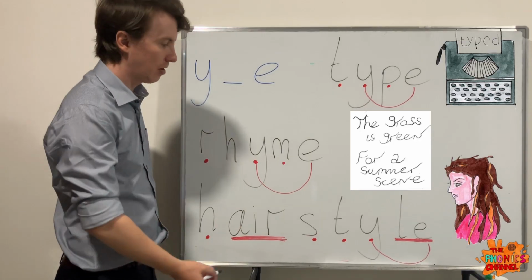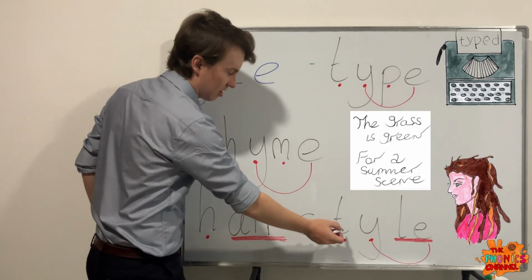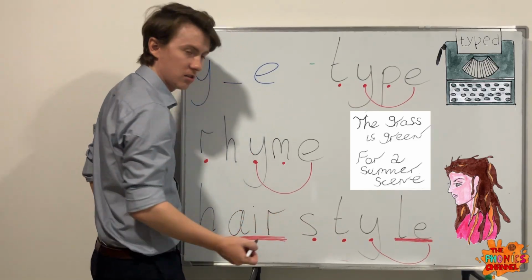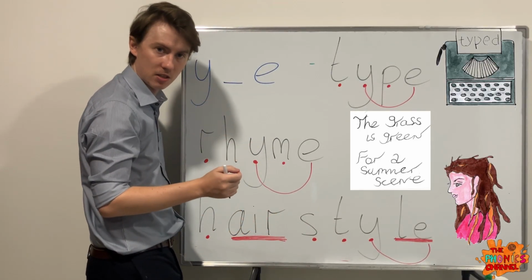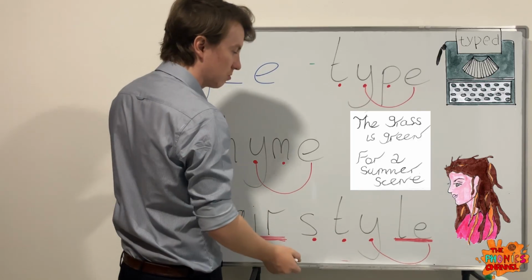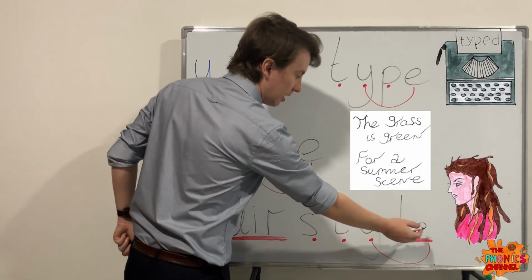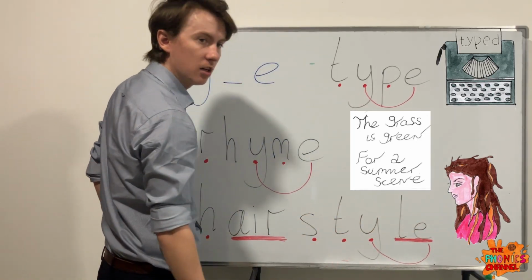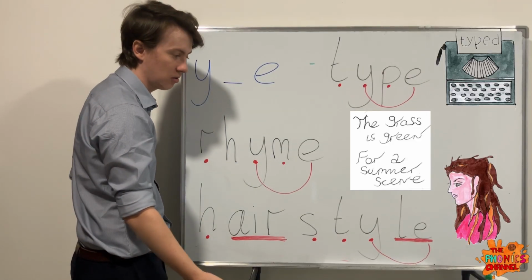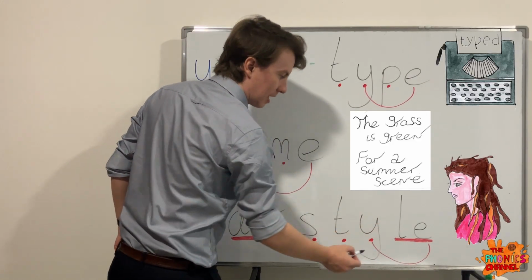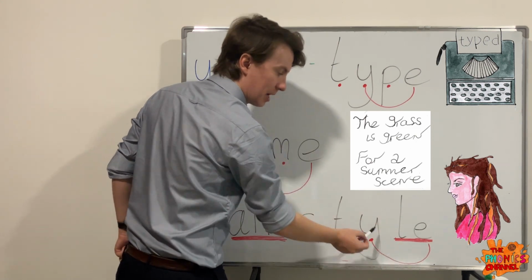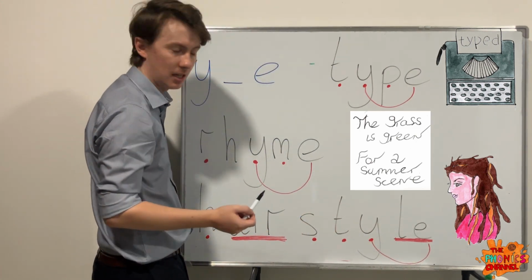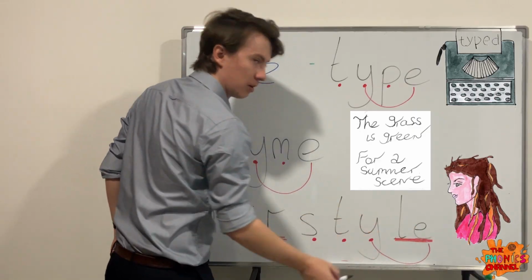Hair. And we've got style as well. St. We've got adjacent consonants, so we need to blend them quickly together. St. To make the st sound, we've got the split digraph I, joining the Y to make the I sound. And the E is also part of another sound. So the E is part of two sounds. It's part of the I split digraph, and it's part of the O sound.